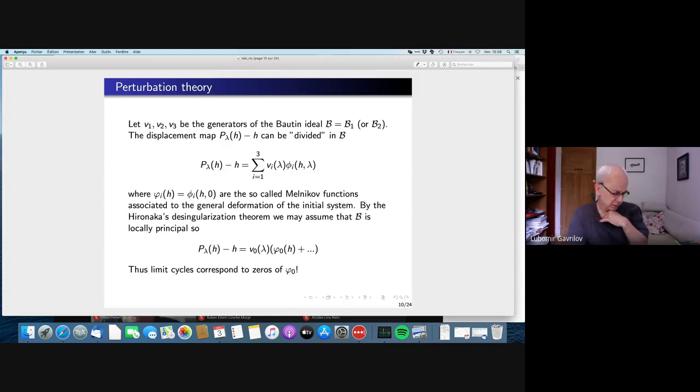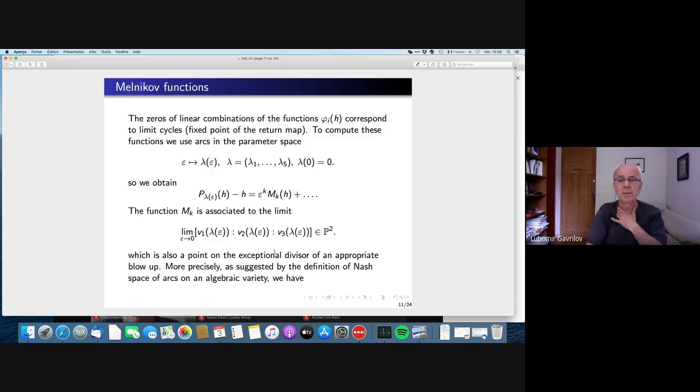And this fact has been extensively used since the very beginning of the bifurcation theory, although without theoretical justification. When I speak about the beginning of the bifurcation theory, certainly it is at least 70 years ago.